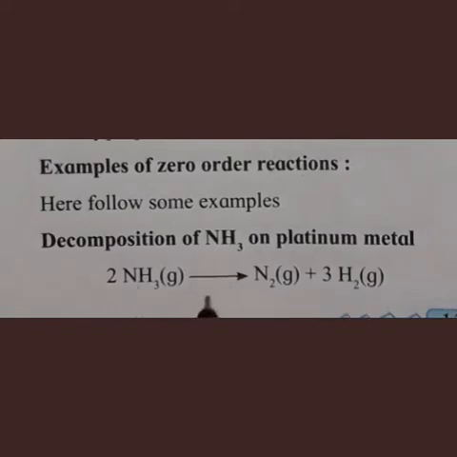This reaction is zero order reaction. The rate of this reaction does not depend upon the reactant concentration. That means the rate does not depend upon the concentration of ammonia. Concentration of ammonia remains the same throughout the course of reaction, and that's why it is called zero order reaction. One more example is there.